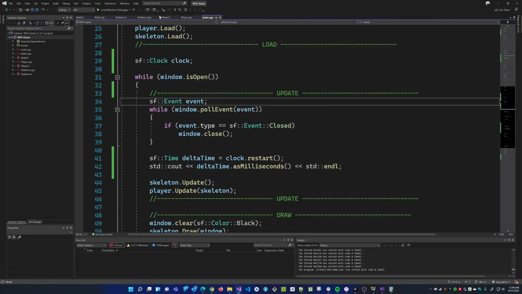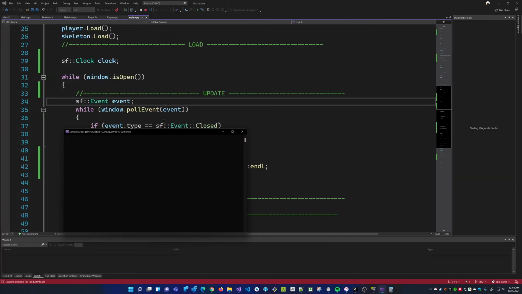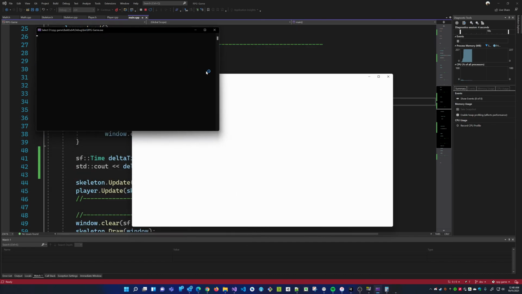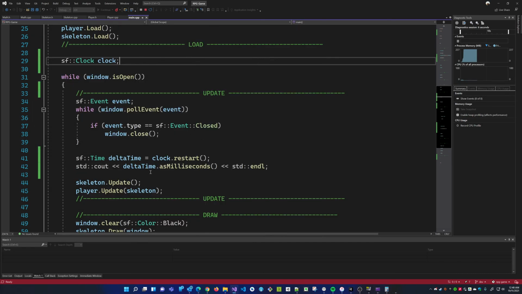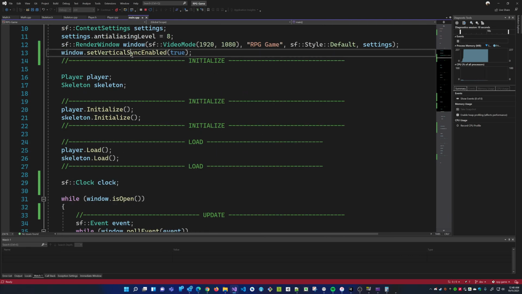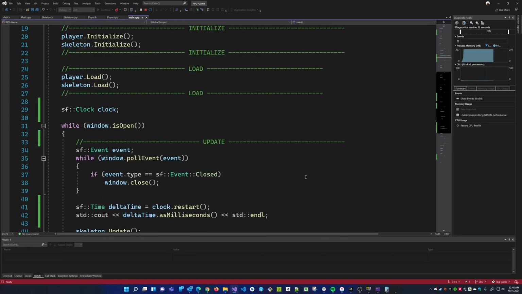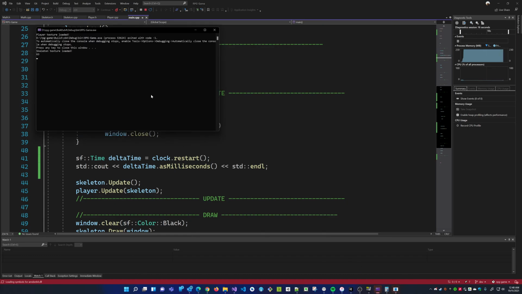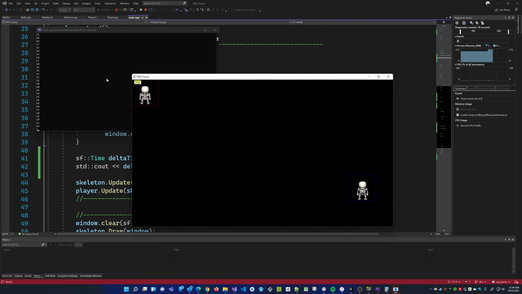So now I'm checking if I'm calculating delta time correctly. If I am, then whenever I print delta time and I lock my frame rate to 60 by enabling Vsync, it should continuously be close to 16, because 16 milliseconds.